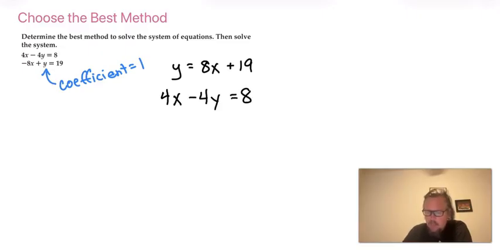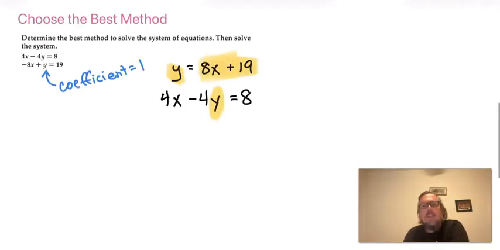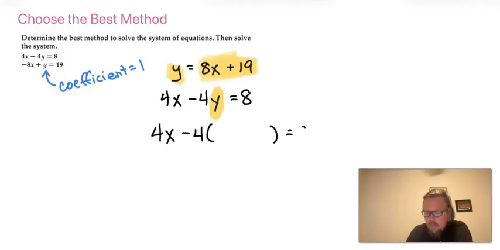But because that second equation was solved for y, we can replace the y with 8x plus 19. So let's replace this y right here with 8x plus 19, and that'll let us solve the equation for x. So 4x minus 4, and then we're going to substitute in place of the y, 8x plus 19.